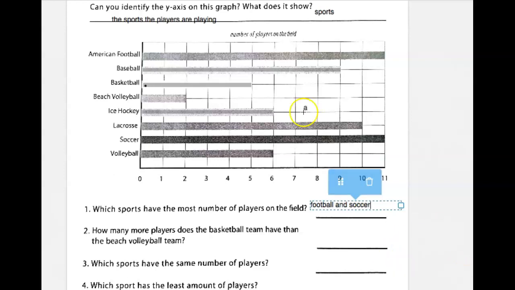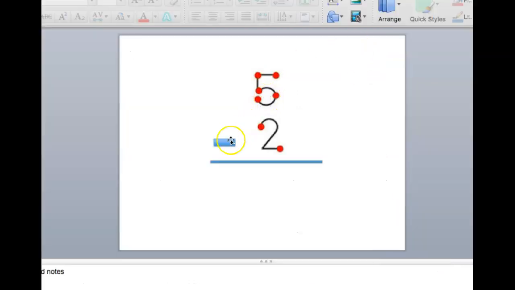Now, number 2. It says, how many more players does the basketball team have than the beach volleyball team? So we're going to subtract. You're going to look at basketball, which is 5, and beach volleyball, which is 2. I have it written out for us already. So you're going to do 5 minus 2. We're going to count backwards. 5, 4, 3.